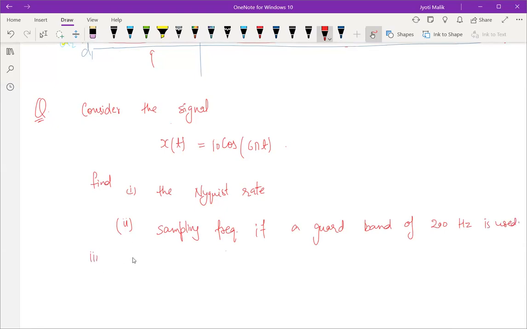Third question, the number of bits required to encode the signal if a 128 levels quantizer is used.